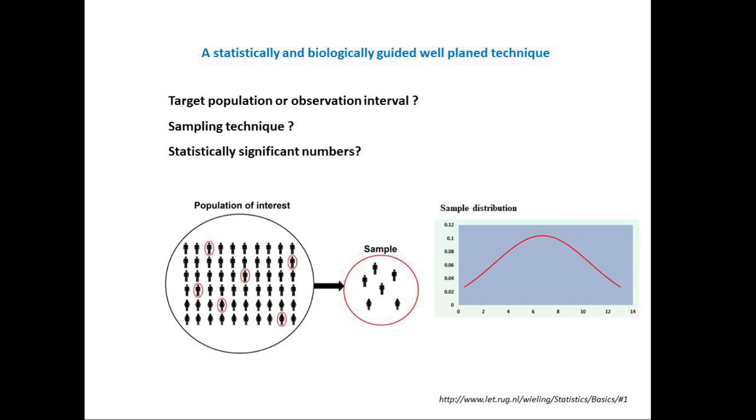And there is an array of techniques which can be used to find these samples. Samples should follow a statistical distribution, a normal distribution, a bell-shaped graph or Gaussian distribution.